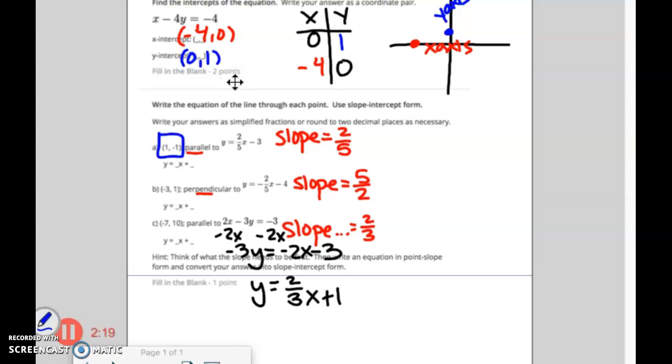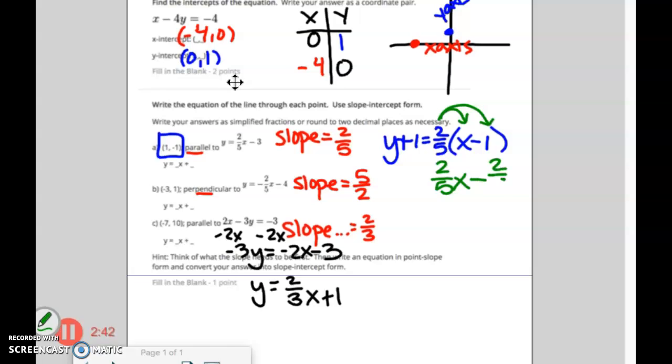So I'm going to put it in point-slope form first. y subtract y1. Since I'm subtracting a negative, it's like plus the fraction, and then x subtract x1. Get to my final answer. I want to distribute that slope into the x and the 1.